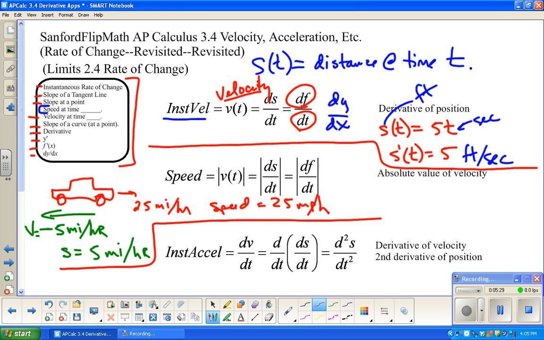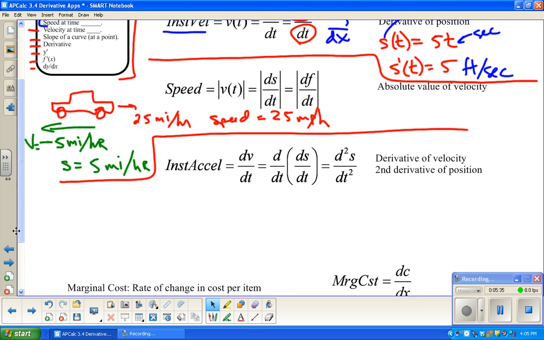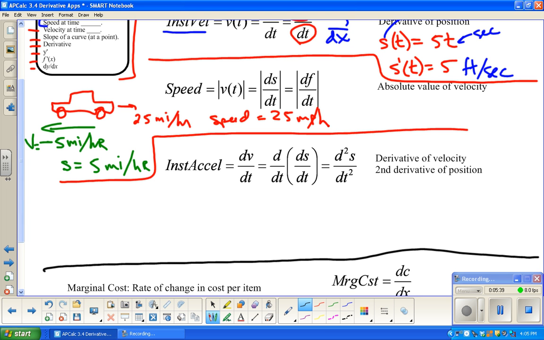Okay, acceleration is the rate of change of the rate of change. So here's the rate of change of velocity, how fast is velocity changing.